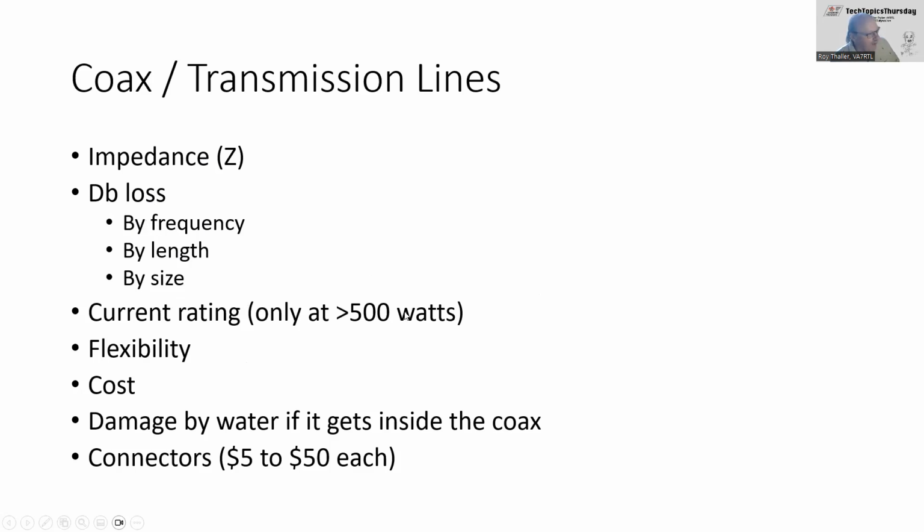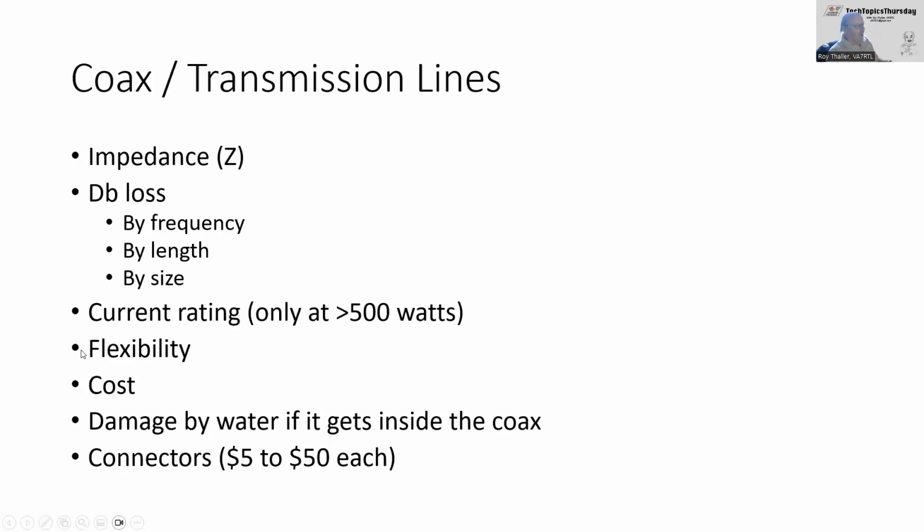If you're getting above 500 watts of power, then you want to look at the size of the wire. If you're getting up above 500 watts, that becomes an issue. So you need to use some of the larger ones.